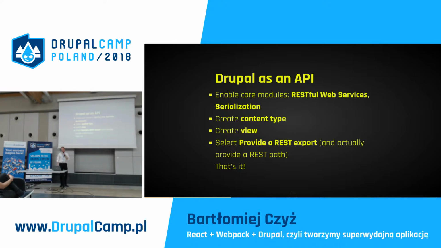Then you're going to have to create your custom content type, create a view for this, and during creating a view you're going to have to select provide a REST export, and actually provide a REST path, and that's it. This is how you can easily make Drupal work as an API.